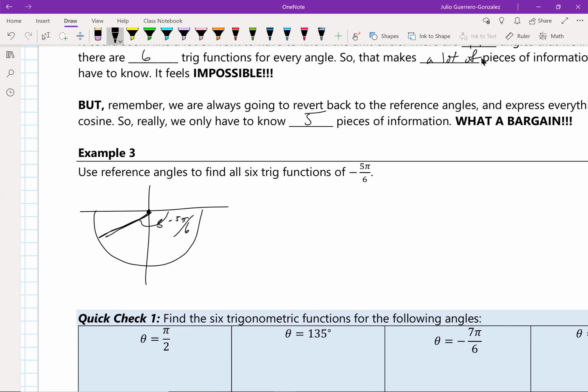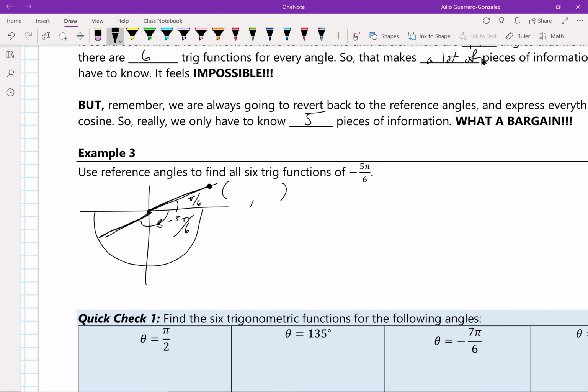Technically, we know that the reference angle for this is pi over 6. But we know that both the sine and the cosine have got to be negative. So now what we need is that coordinate for pi over 6. This is where we go to our handy dandy unit circle.